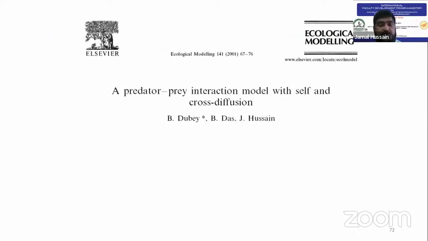Okay, another is a predator-prey interaction model with self and cross diffusion. So this is another kind of interaction where one species will be prey, the other will be predator. These are well-known classical models by Lotka and Volterra, you must have heard. So that was incorporated, and many other factors are incorporated in this predator-prey. So here self and cross diffusion is used.